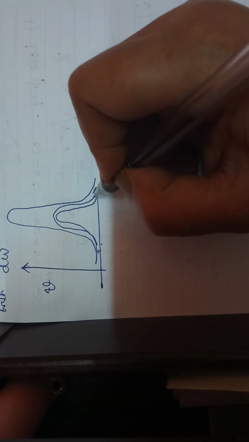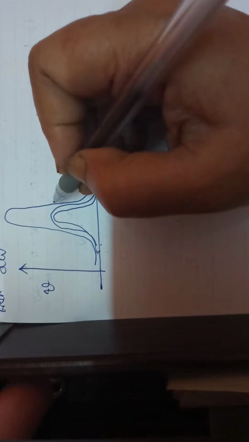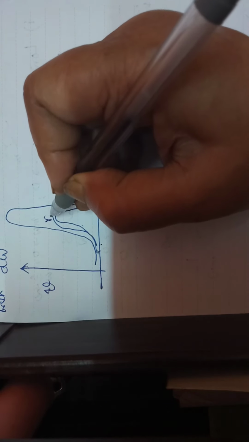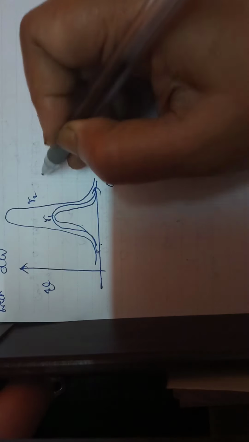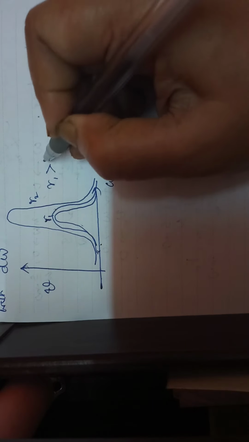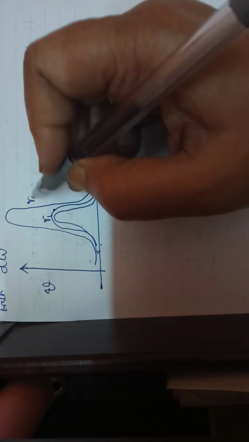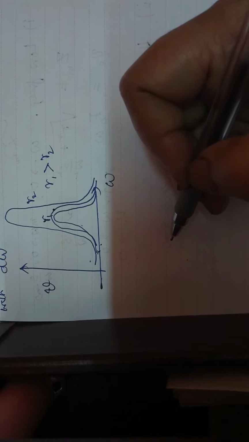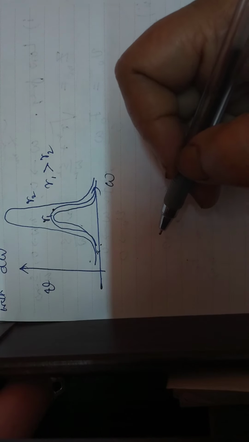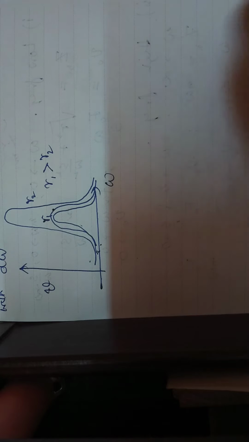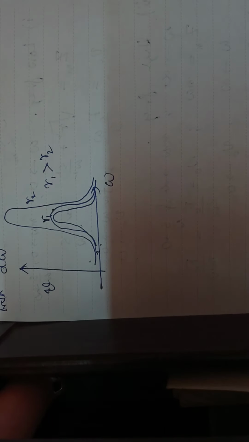So this occurs at a value for, say, this is your R1, this is your R2, R1 greater than R2. So sharpness increases with the decrease in the value of R, the damping. All right, this is all that you have to discuss in your short note, and you can also discuss the corresponding phases if you get it in your exam. Let's stop over here. It's a pretty long video.